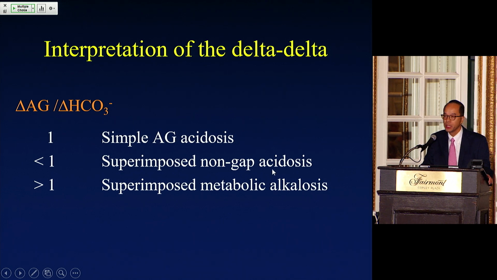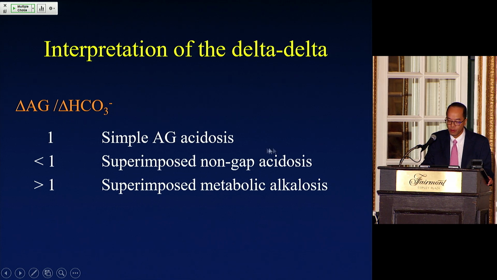And so here's the simplistic interpretation of the delta-delta. If the delta-delta is 1, that's perfect, simple anion gap acidosis. If the delta-delta is less than 1, then what that's telling you is that there's a small increase in the anion gap, but a severe acidosis, and that would occur if there were a superimposed non-gap acidosis.